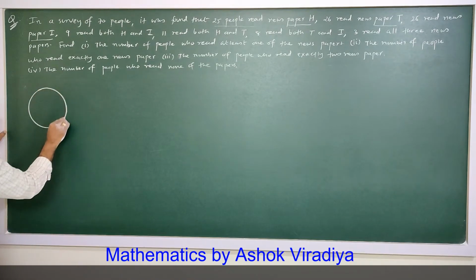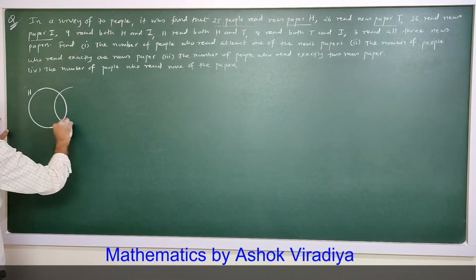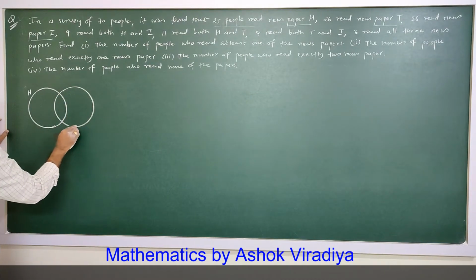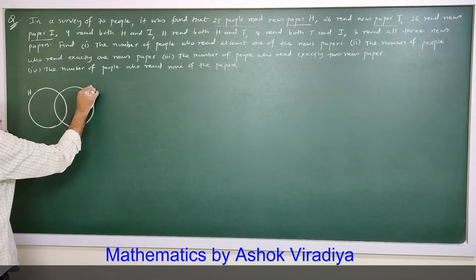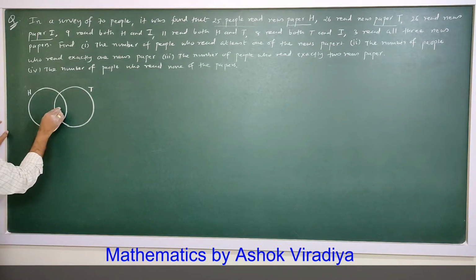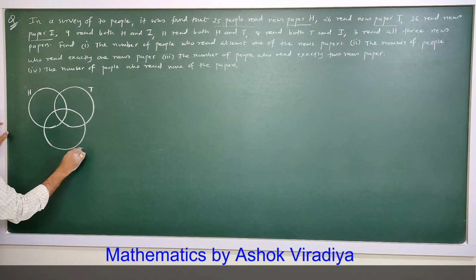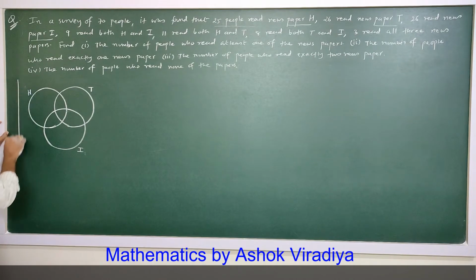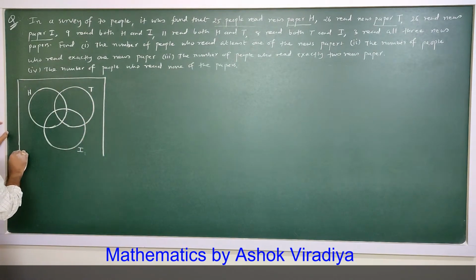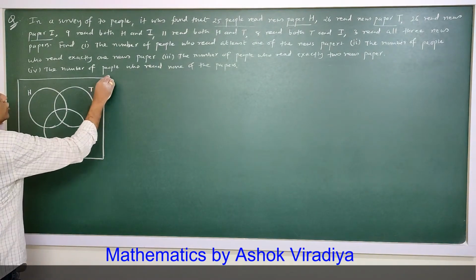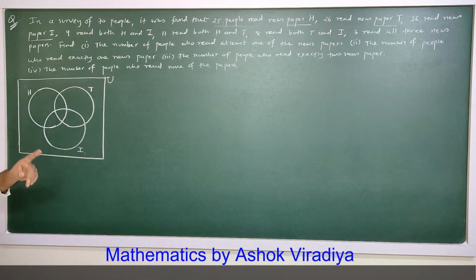Suppose this is the set of people reading newspaper H. This is the set of people reading newspaper T. And this is the set of people reading newspaper I. And these are subsets of U, where U is the set of all people on which the survey has been done.